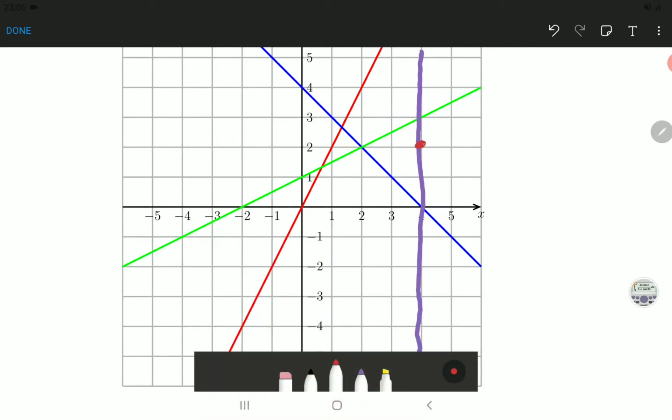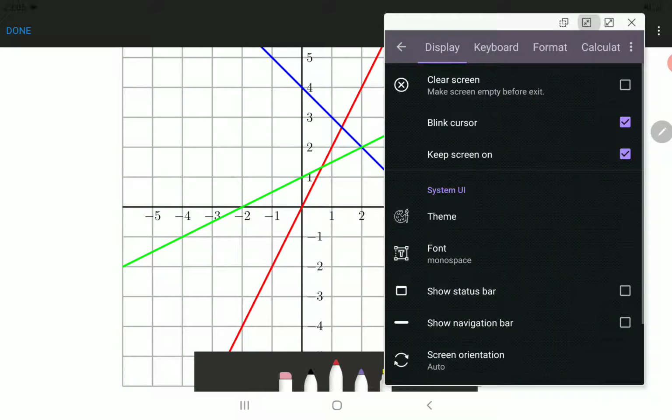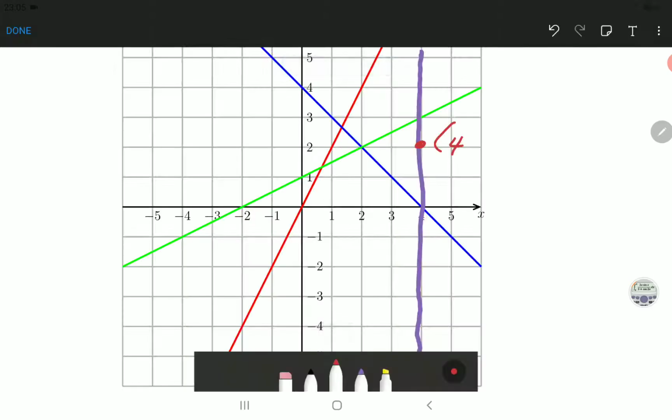So for instance, we have here it's going to be 4, 2. This one here is going to be 4, minus 1. This one here is going to be 4, minus 3.